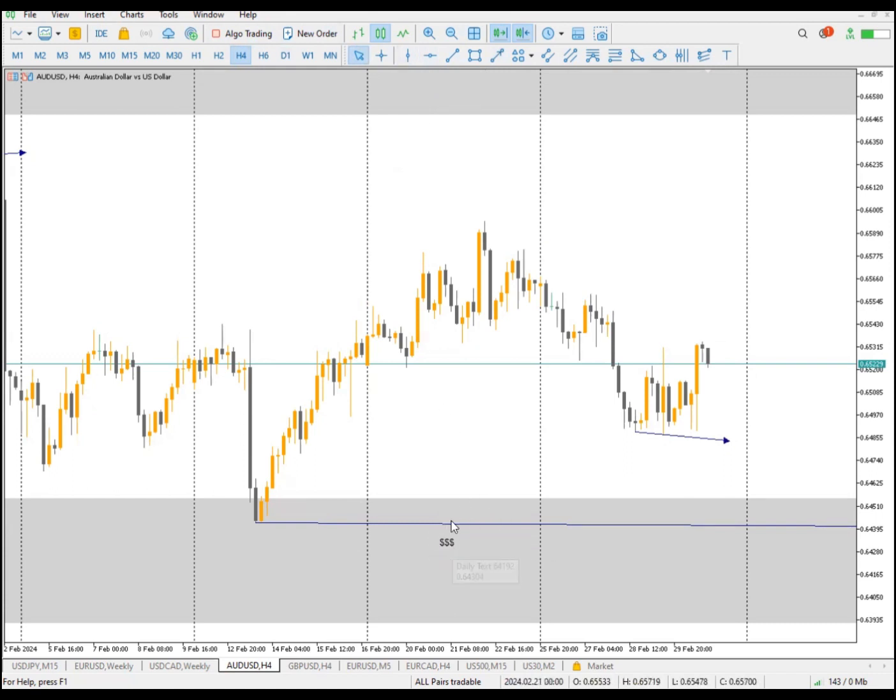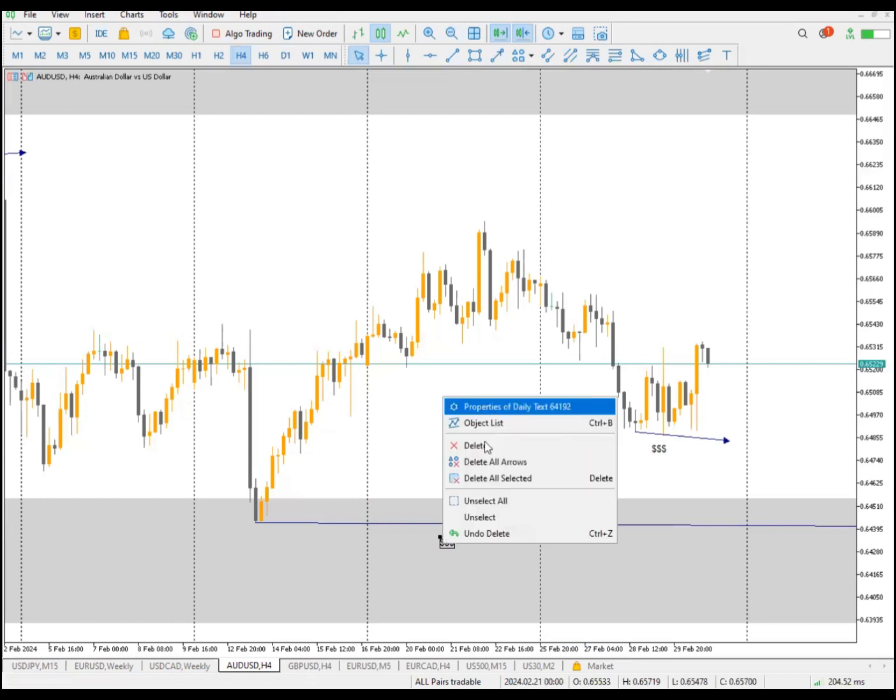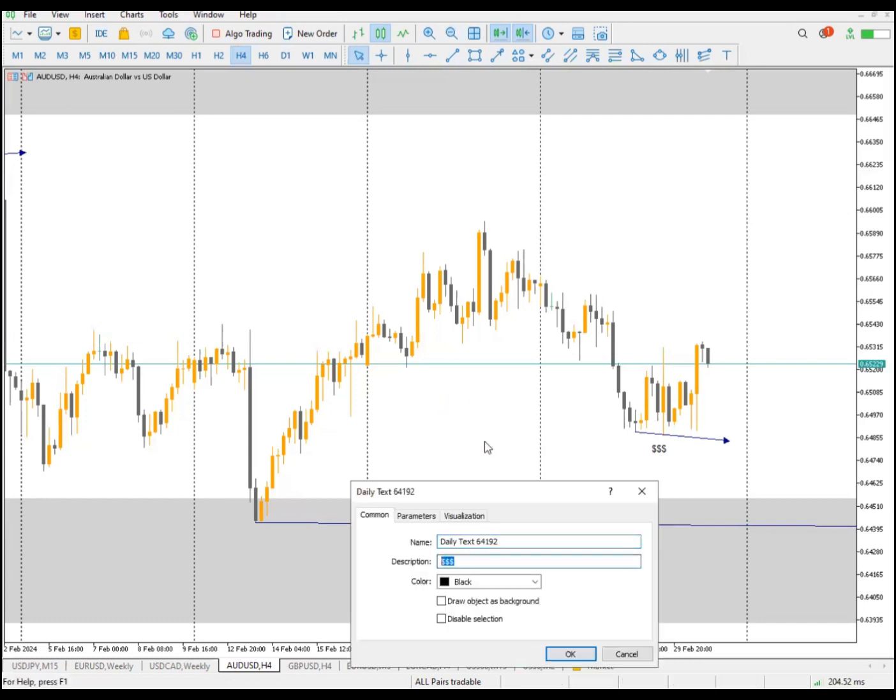So this is basically liquidity for the daily time frame, but it's sell side liquidity for the H4 time frame. So with that said, we can just do this over there. That is liquidity. And then we can just do this. This is sell side liquidity.